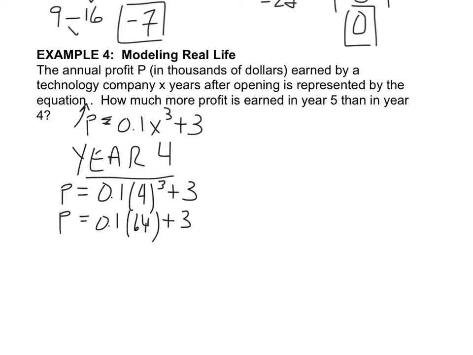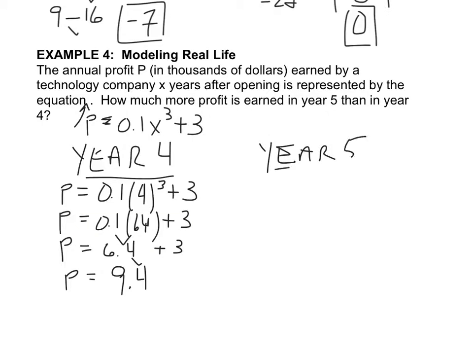Then, looking down to my next order of operations, I would focus on this multiplication. 64 times 0.1 is 6.4. And then I would bring down the plus 3. Then I can do that last piece together, which is going to give me, remember, think decimals, 9.4.